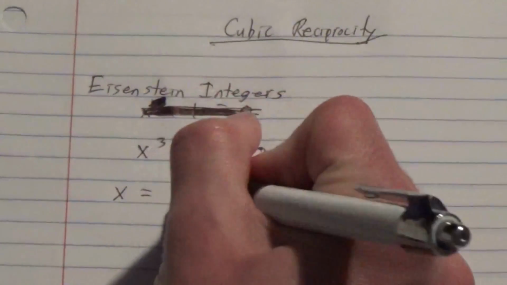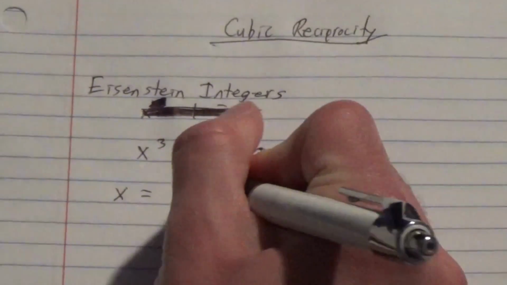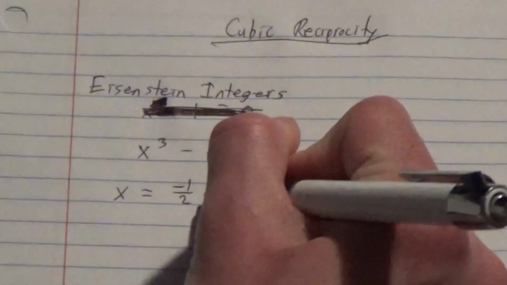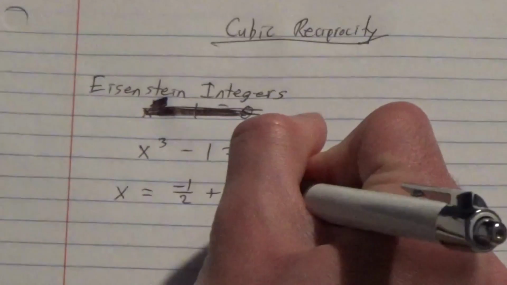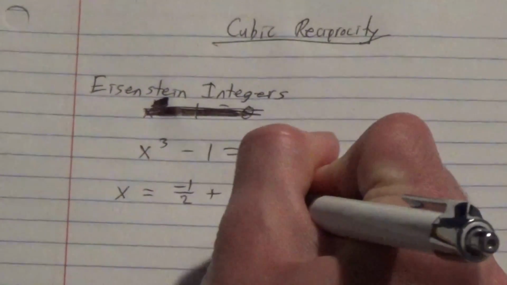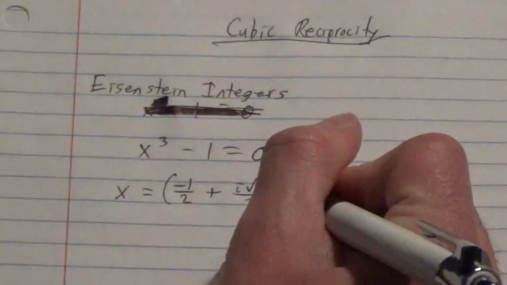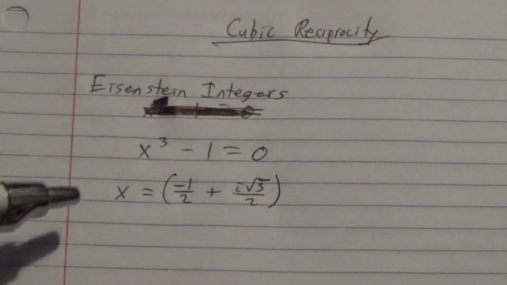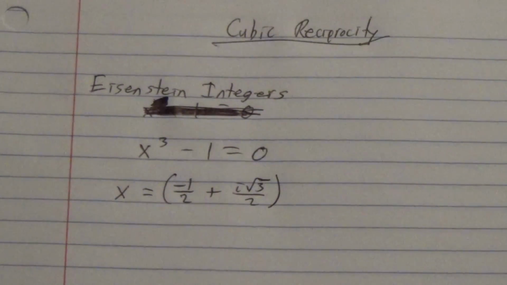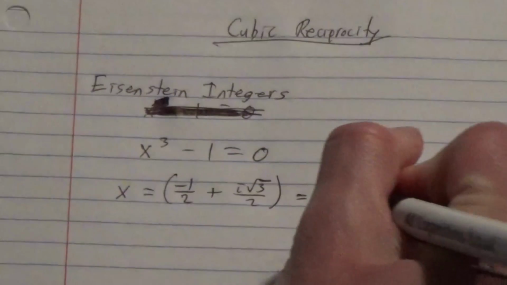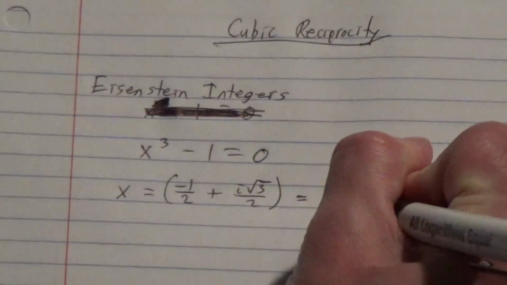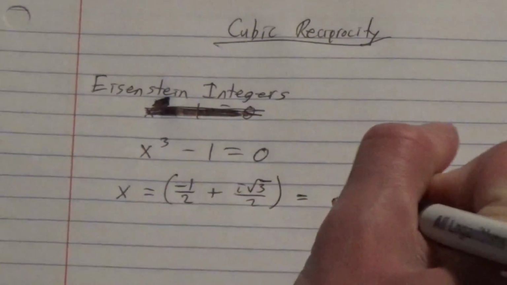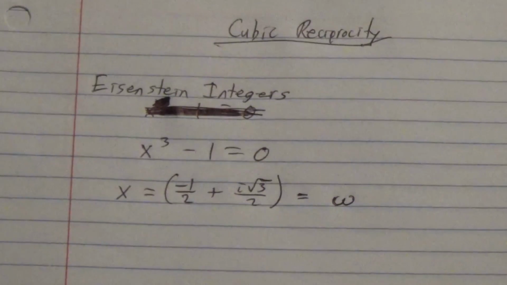In complex notation, it is equal to negative 1 half, plus i root 3 over 2. This number will become very important the more we go on in this video. You'll often see it represented as a lowercase omega, the Greek letter omega.